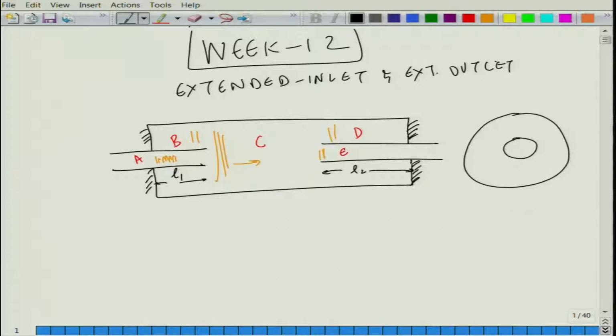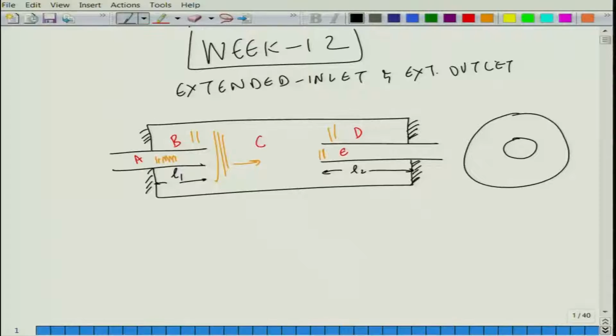That is important. We were adding an end correction to the physical lengths L1 and L2. So the acoustic or effective length is slightly larger than the geometric length by a certain factor: the acoustic length is L1 plus delta, and fortunately the end correction delta is the same even at the outlet, so this was again delta.